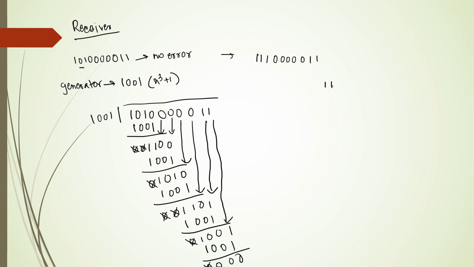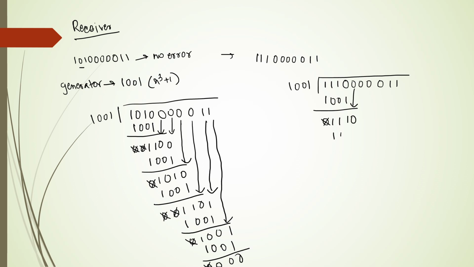So if I write 1 1 1 0 0 0 0 and a 0 1 1, and divide this using the generator, that is 1 0 0 1. Again we will have 1 0 0 1 initially. So we will have a 1, a 1, a 1, a 0. Cut this off, take down this 0.